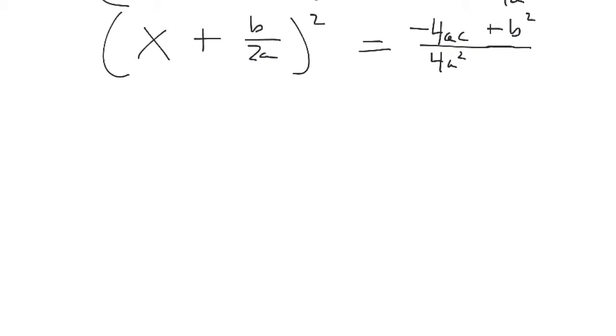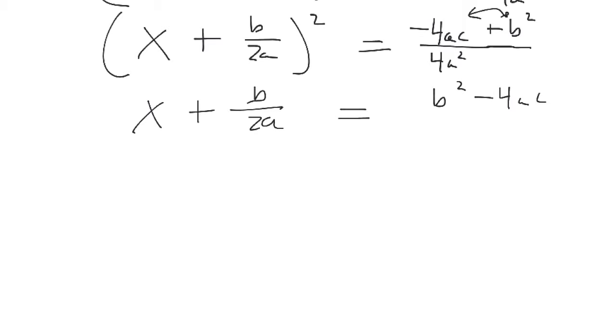Then I take the square root of both sides. You get x plus b over 2a is equal to, rearranging the terms, I'm going to put b squared first, minus 4ac, all over 4a squared. Of course I have to take the square root of both sides.